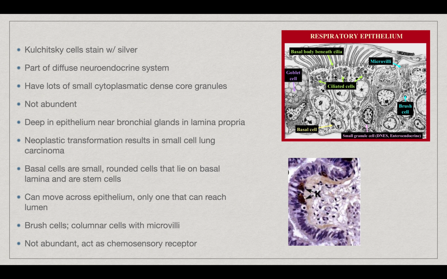So basal cells are going to be small and round, and they are the stem cells, and these can move across the epithelium, and only one is the only one that can reach all the way up to the lumen. The rest of the cells stay static. The brush cells are columnar cells, and they have the microvilli, and they act as the chemosensory receptor.